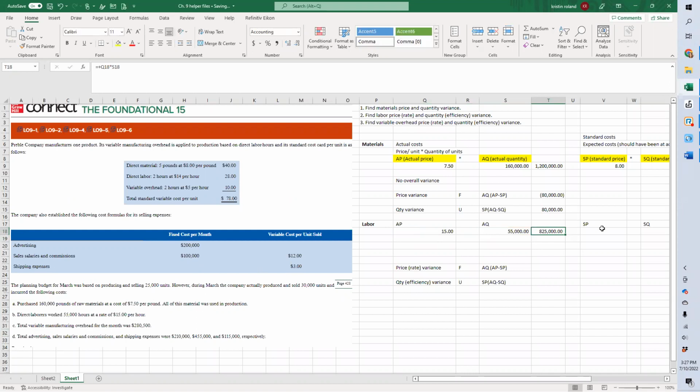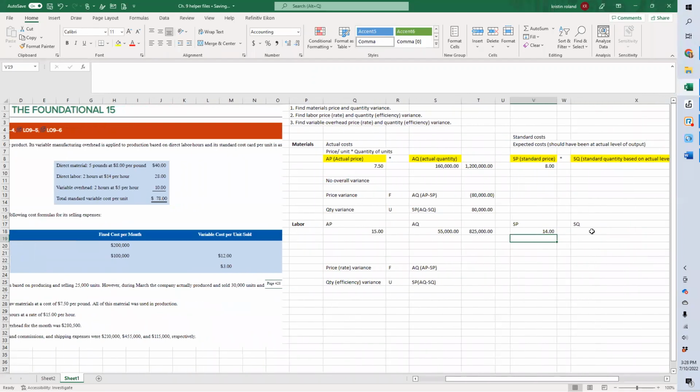Okay. How about with regard to our standard cost? So if I come up here, my direct labor, my standard price per hour, I expected to spend 14 per hour. So I'm going to plug that in. And then again, this is where people get confused. Remember, we're looking for the standard quantity of hours based on the actual level of production.